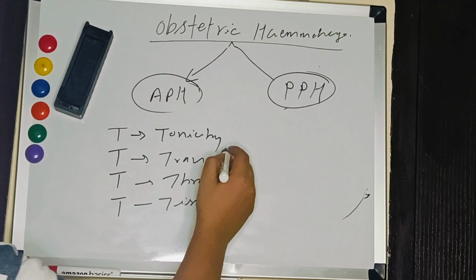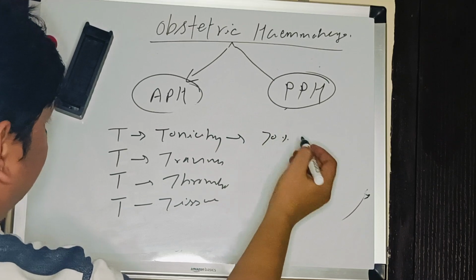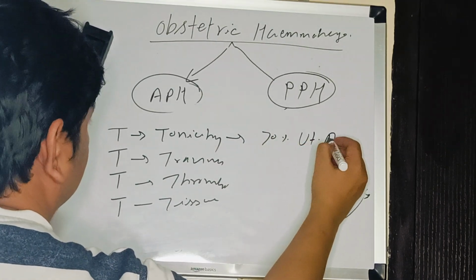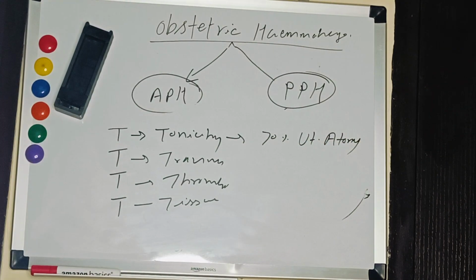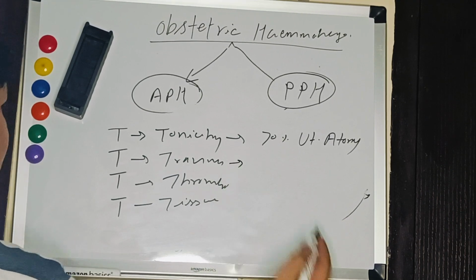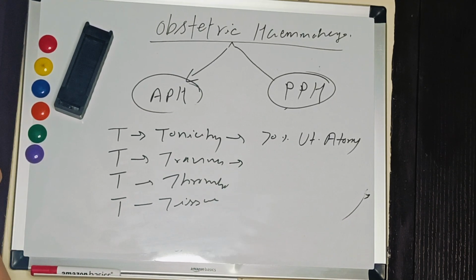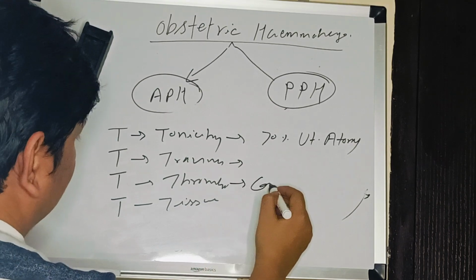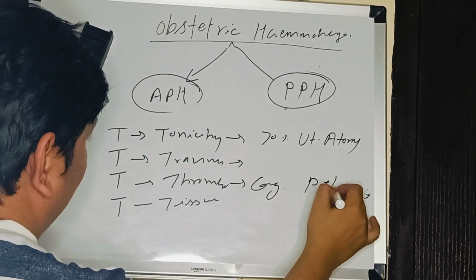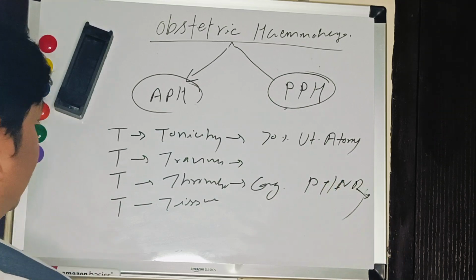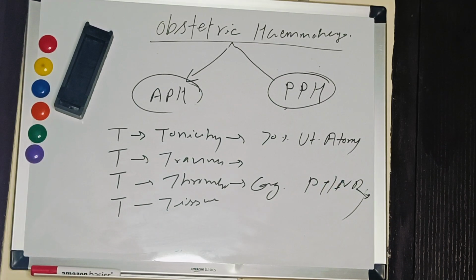Tonicity: 70% of obstetric hemorrhage is due to uterine atony. Trauma over the vulval areas during delivery of a large head in vaginal delivery, episiotomy, trauma during LSCS surgery. Thrombin means coagulation disorders, PT INR problems, and tissues: abruptio placentae, placenta previa, accreta. These are the tissue problems.